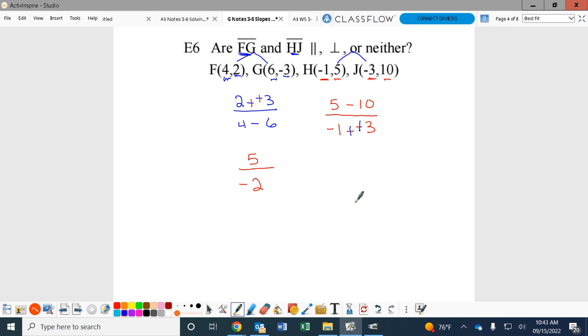So for the top, guys, what is 5 minus 10? -5. What is -1 plus 3? 2. Okay, so guys, first of all, does it matter if the negative's on the top or bottom? No. So are they exactly the same? And if they're exactly the same, what's true about these lines? They're parallel.